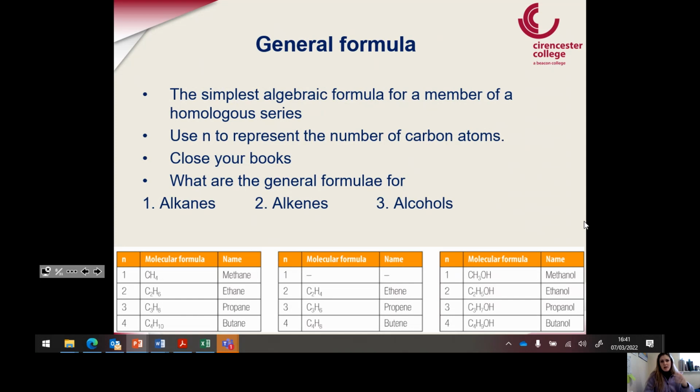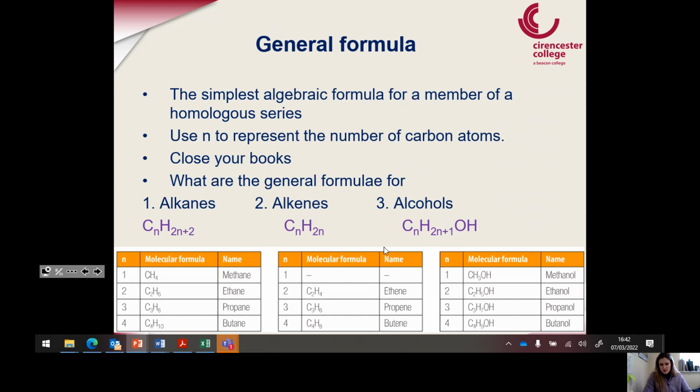For an alkene, because we are removing two hydrogens in order to form a carbon-carbon double bond, the formula is CnH2n. And for alcohols, what we've got is an oxygen in between a carbon and a hydrogen. So it's the same general formula as for alkanes, but CnH2n+2O. Or you can split that up and say, like it says here, CnH2n+1OH.